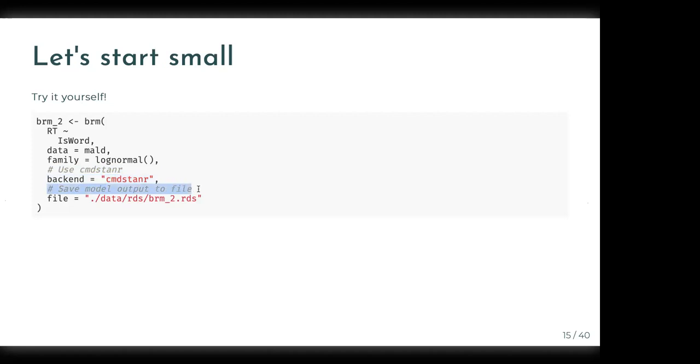And this second line instead simply saves the model output to a file. You just give it a path and the name of the file, and the model is saved to that particular file. And this is helpful because if you have tried to run this model, you will see that things get printed in the console or in the RMD file, and you might have also noticed that it takes some time for the model to run.